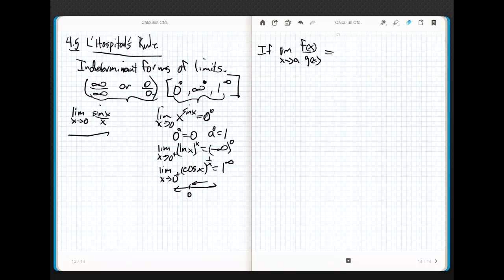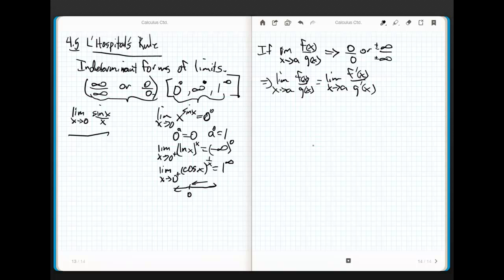If after plugging it in, I get the form either 0 over 0 or infinity over infinity, and this could be plus or minus, so we're not afraid of that, then this implies that the limit as x approaches a of f of x divided by g of x equals the limit as x approaches a of f prime of x divided by g prime of x.